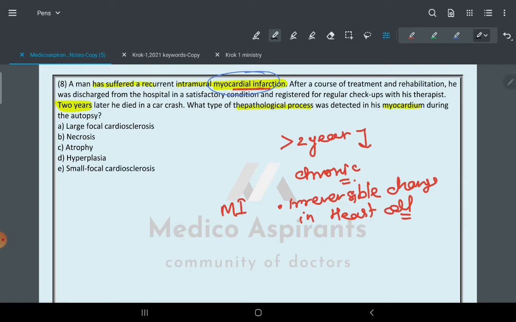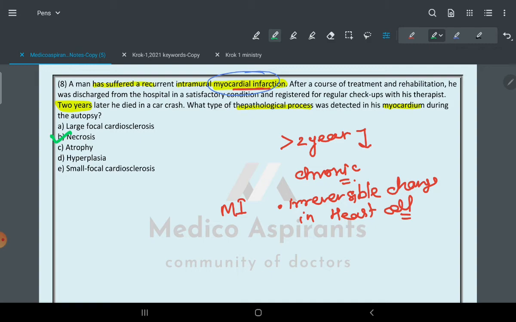So here the answer is necrosis. It may be present in a small or localized amount, but it will be present because it's been more than 2 years. That person already has a problem, that is intramural myocardial infarction.